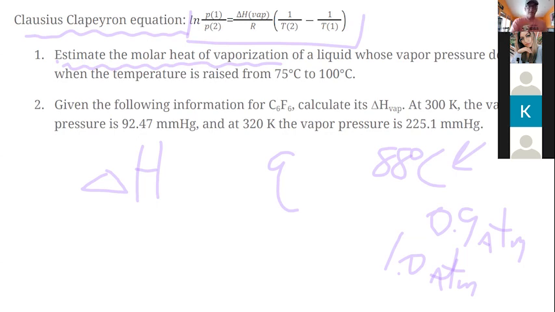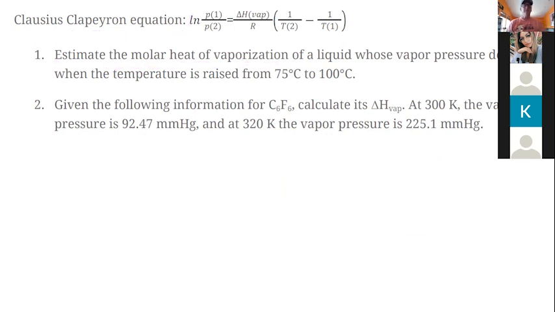So let's have a look. It says, estimate the molar heat of vaporization of a liquid whose vapor pressure doubles when the temperature is raised from 75 to 100. Okay, so you can see we have T2 and T1. Those are just the 2 different temperatures. So let's say T1 is 75 degrees and T2 is 100.